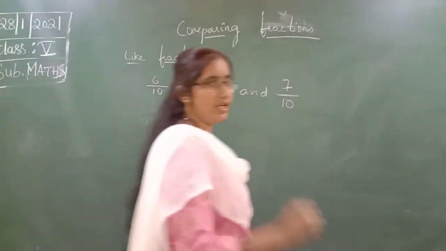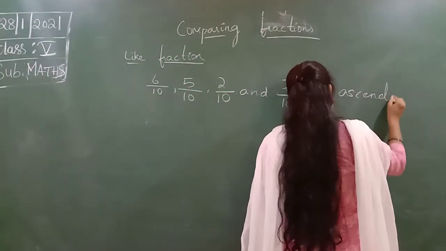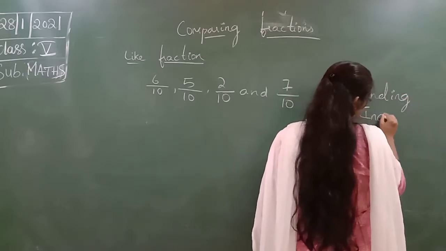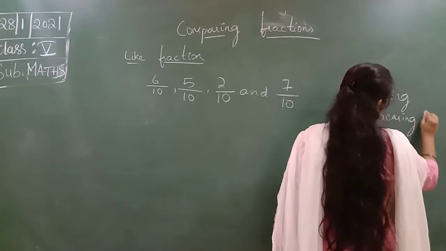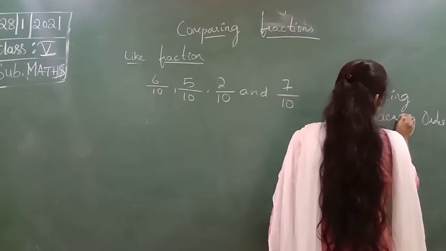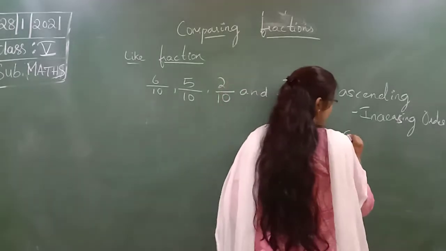What is ascending order? Ascending order is an increasing order. Increasing order means small to big.